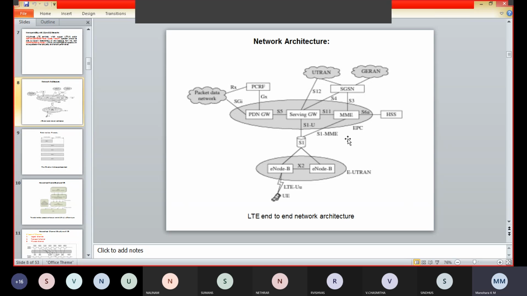The next component we have is the X2 interface. The X2 interface is the interface between the eNode Bs, which consists of two parts.